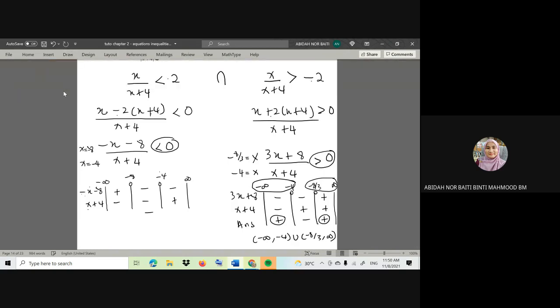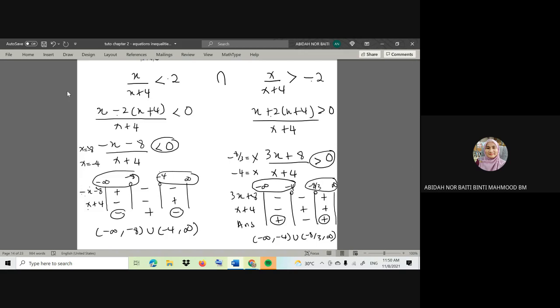Tolong buat sama. So minus plus minus. So less 0. Ni lah less 0. Okay, ni lah jawapan dia. So your answer is negative infinity, negative 8, union, negative 4, positive infinity kan.